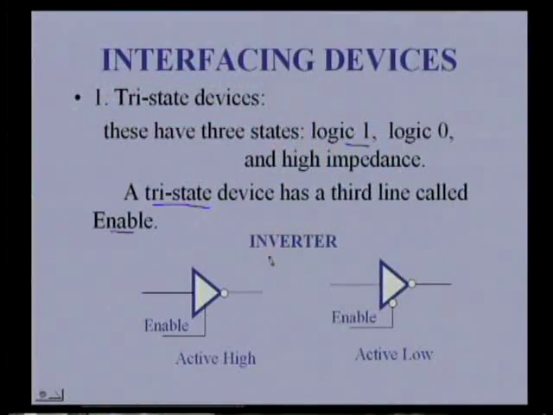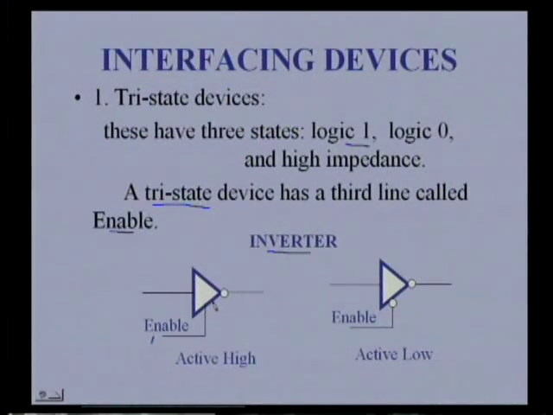One example here, let us see the tri-state inverter. This part is an inverter, and the extra line it has is enable. This type of inverter is called an active high enabled inverter. That is, to enable this inverter we have to put logic 1 here.